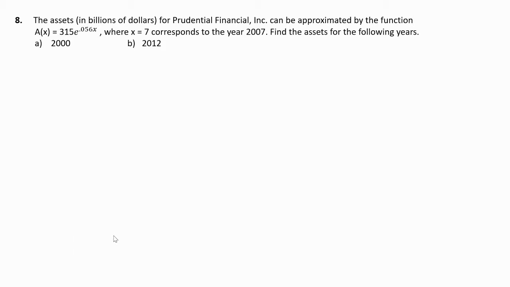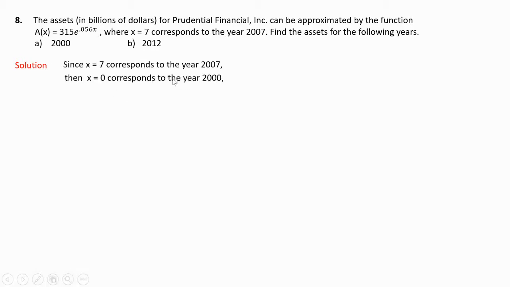Find the assets for the year 2000 and the year 2012. Solution: since x equals 7 corresponds to the year 2007, then x equals 0 corresponds to the year 2000, and x equals 12 corresponds to the year 2012.